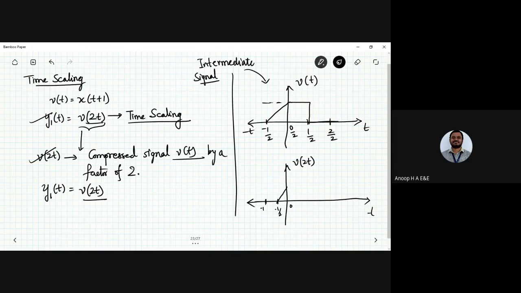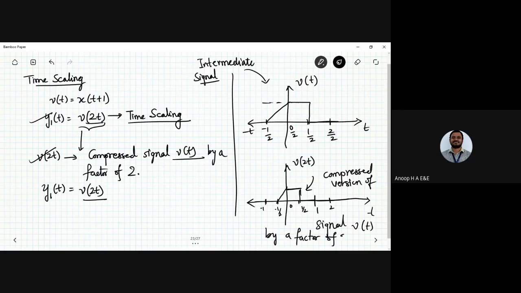You're going to have a magnitude of 1 here, and again at 0.5, that is 1 by 2, you have a magnitude like this. Next, you drop down, and at 1 it is 0, and at other places it is also 0. So this is the compressed version of signal v of t by a factor of 2.